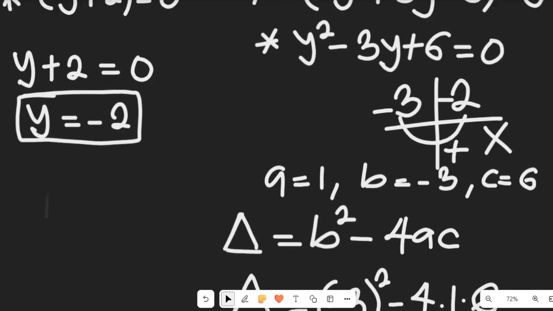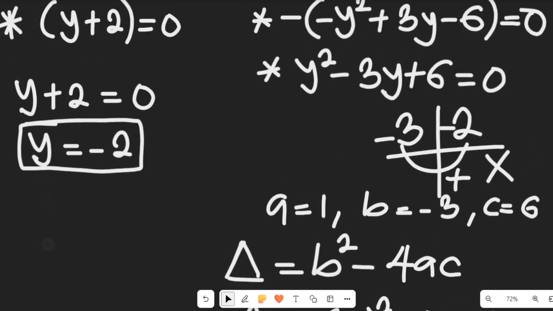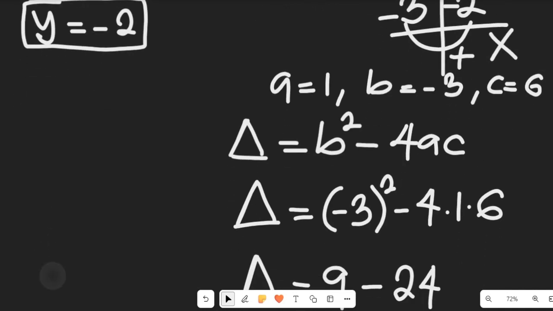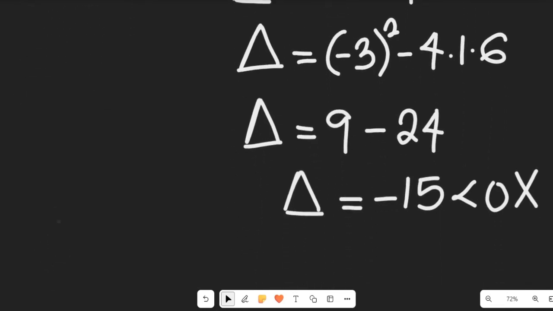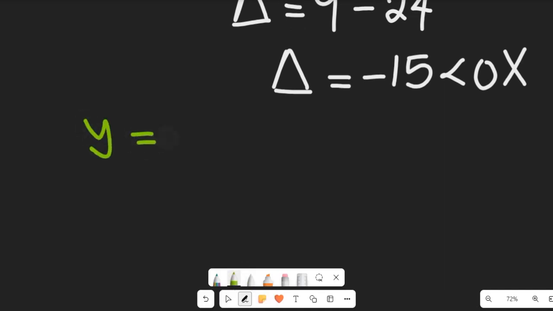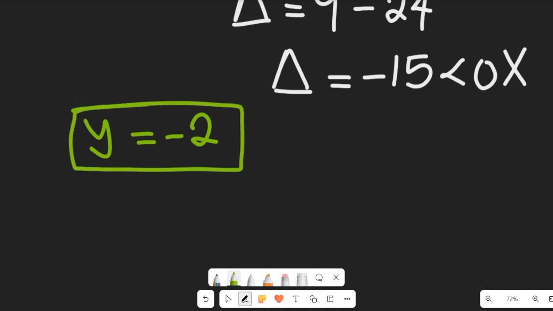I want you to use the quadratic formula in your spare time, solve this, and then tell me what the two imaginary solutions for the value of y will be like. But for now, the only real solution we have is y equal to negative 2. And that is the only real solution that satisfies that polynomial expression given to us up there.